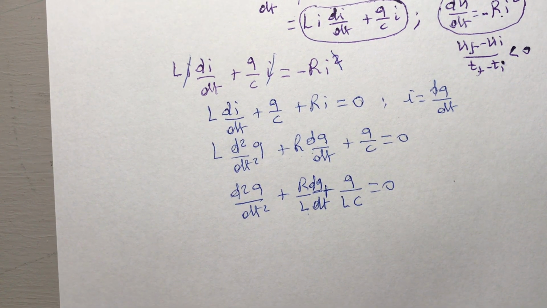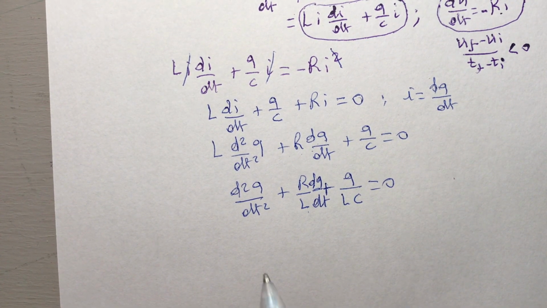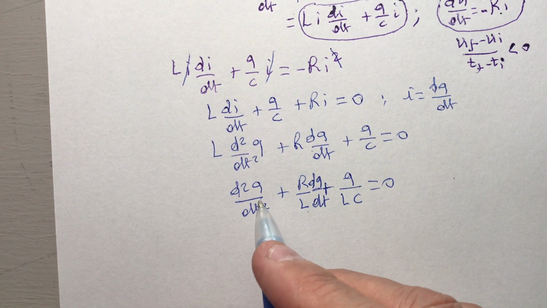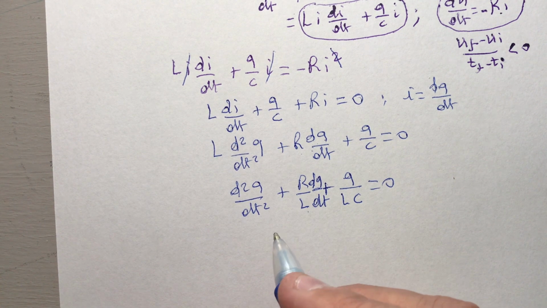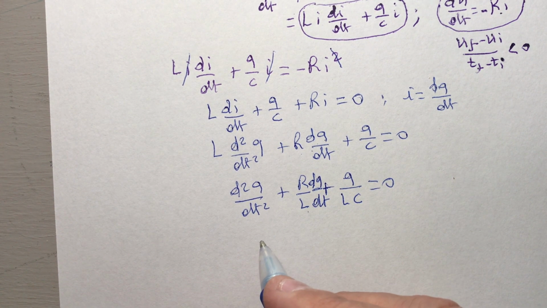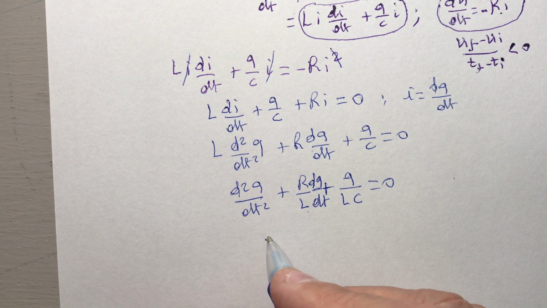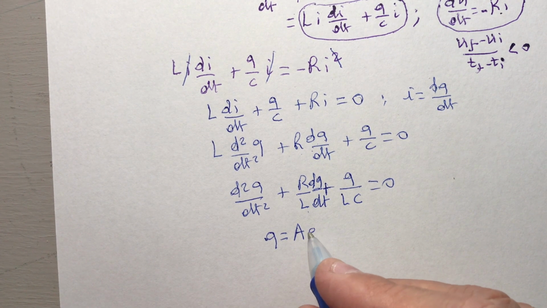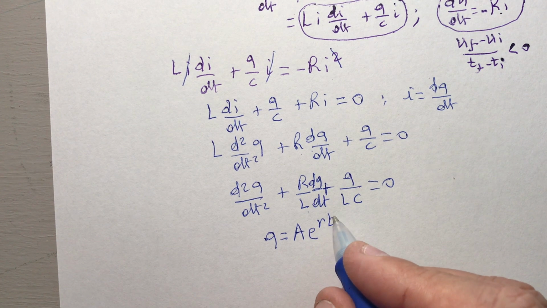So now I need to look for q. I'm going to use a trial solution. Put q equal to some constant A e to the rt.